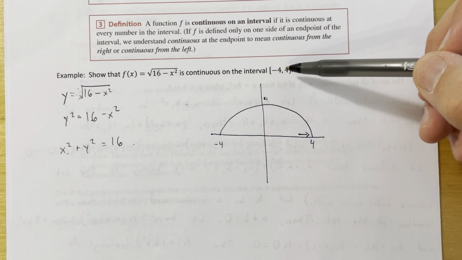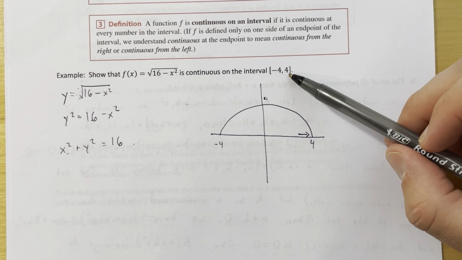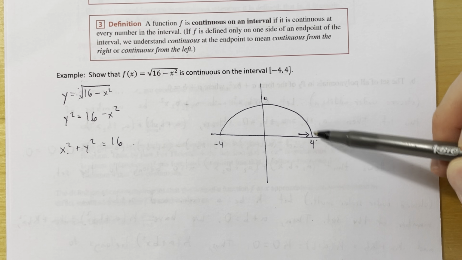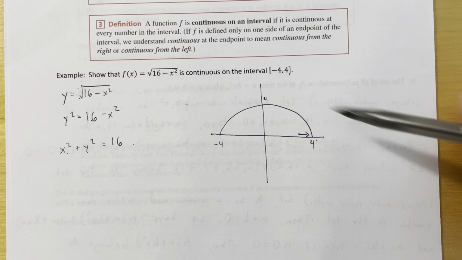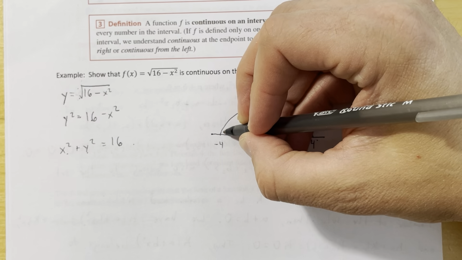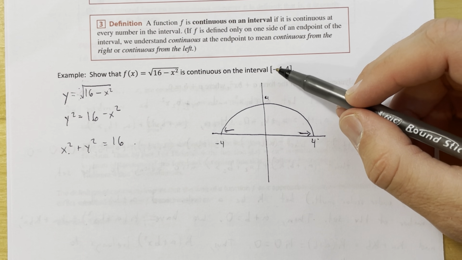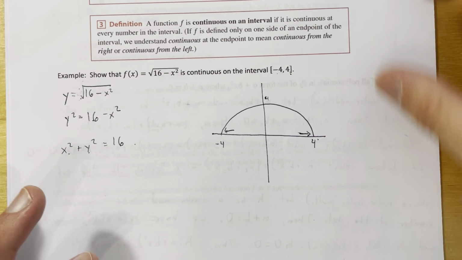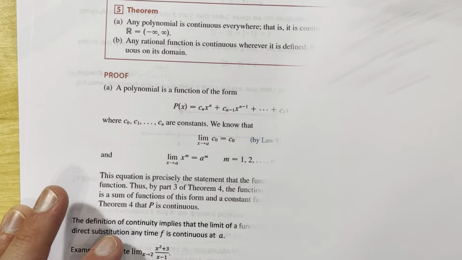So if continuity on an interval required the limit as x approached 4, for example, to equal f of 4, then I wouldn't have continuity there because the two-sided limit doesn't exist, but the left-hand limit does. So similarly, I can approach -4 from the right, which is why continuity from the right is all that's necessary of my left endpoint. Okay. I could have also evaluated those limits algebraically, but I chose to use the graph just to show that there's value in using the graphs as well in dealing with limits.